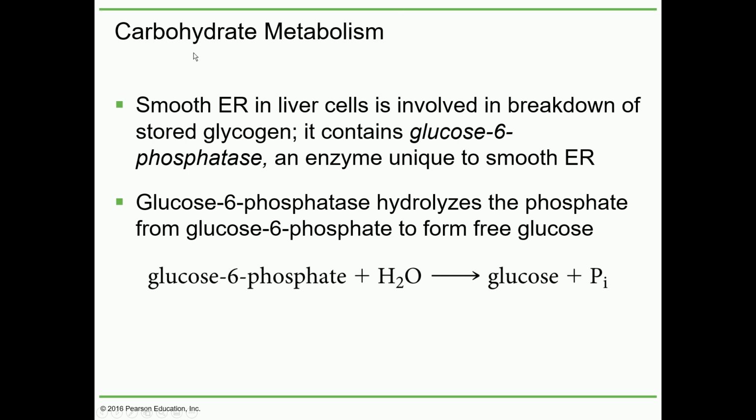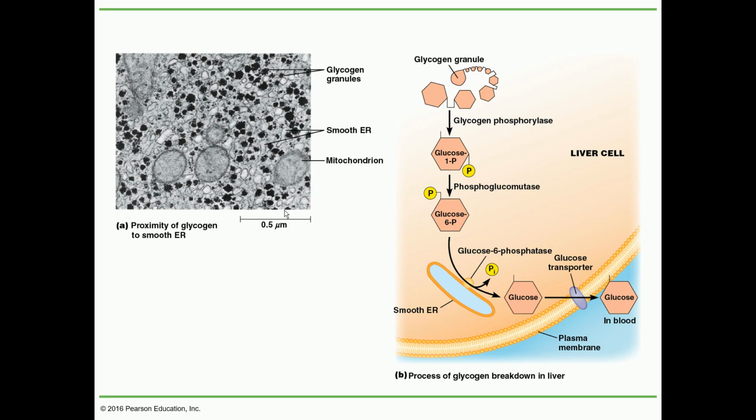Carbohydrate metabolism is also a function of the smooth ER. There is an important enzyme in smooth ER called glucose 6-phosphatase, and this enzyme is involved in the release of glucose from glycogen. You know glycogen is a storage form of polysaccharide in animals. It's stored in the liver and the muscles.